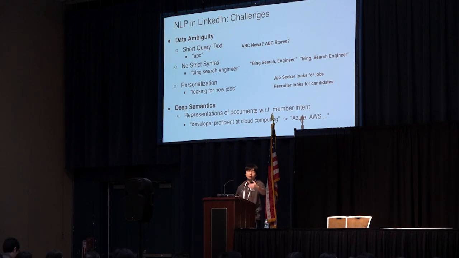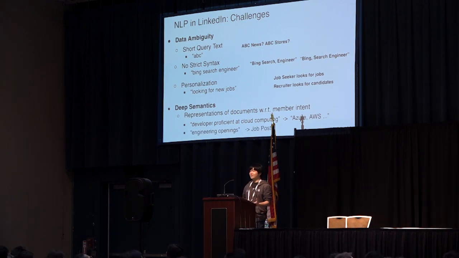When we do the recommendation based on this context, we want to recommend something related to, for example, Azure or AWS, either learning classes, jobs, or content posts, right? But there's no keyword match between these two. Another example, engineering openings. We should understand that this is job posts. So these are example challenges of NLP at LinkedIn.